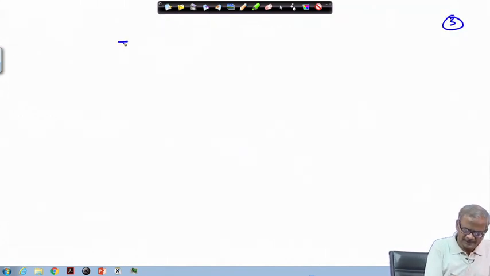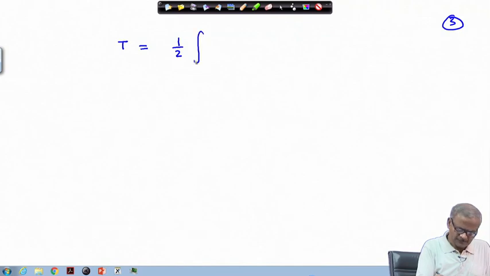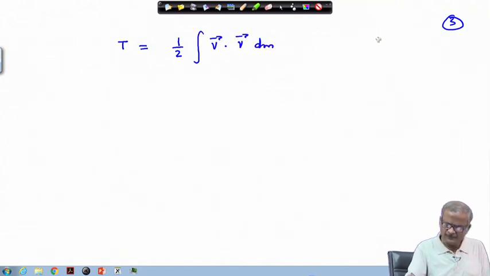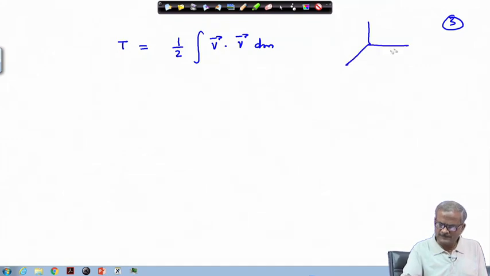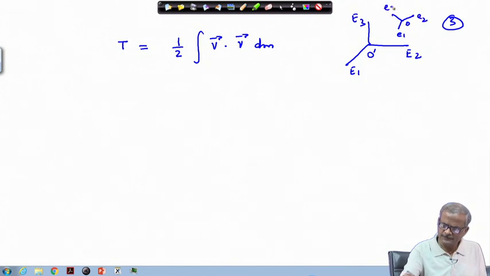So, the kinetic energy T can be written, as we have shown earlier, as 1 by 2 times V dot V dm. This is the inertial reference frame O prime, E 1, E 2, E 3, the body frame, this is O, E 1, E 2, E 3, and there is a rigid body here.